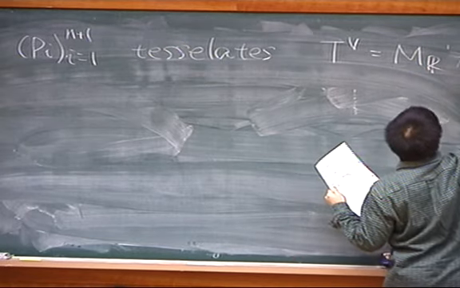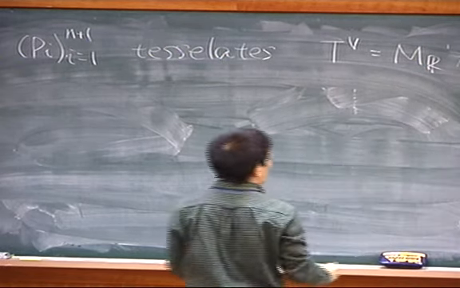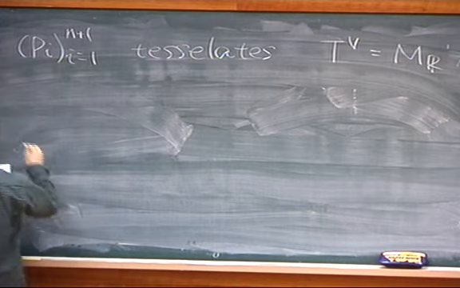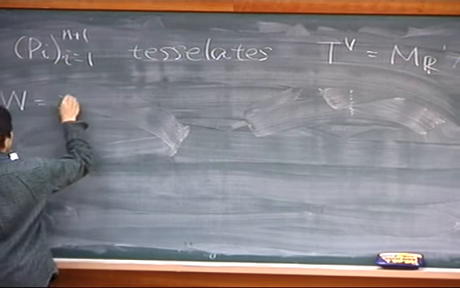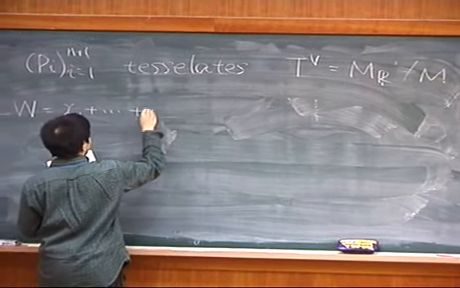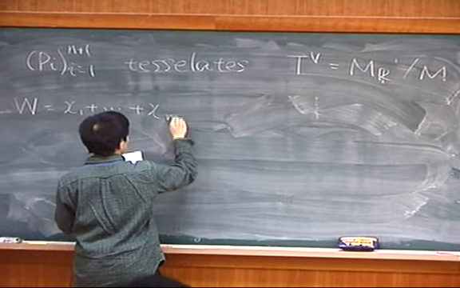On this torus, we choose W to be of this very standard symmetric form.